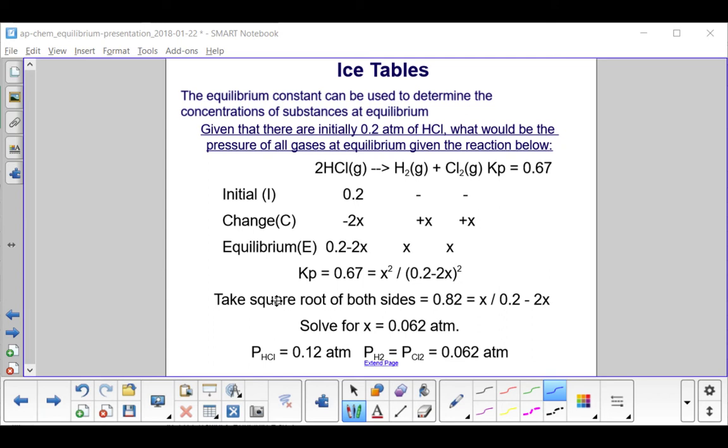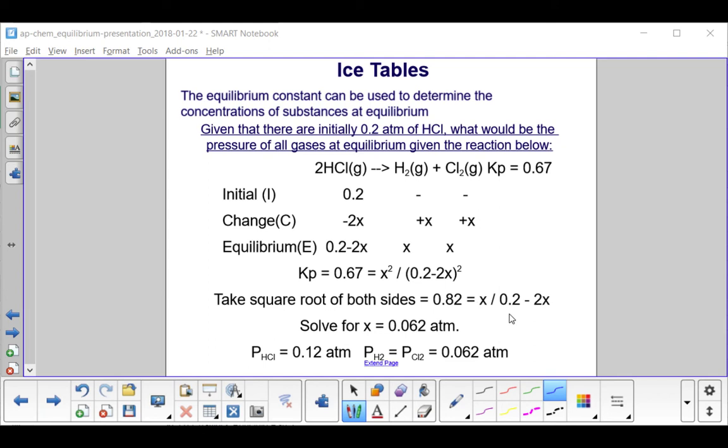Okay? So Kp, or 0.67, is equal to the pressure of the products, which is x times x, or x squared, divided by the equilibrium pressure of the reactant, which in this case is 0.2 minus 2x, raised to the power of the coefficient, which is a square, because we have a coefficient of 2 here.